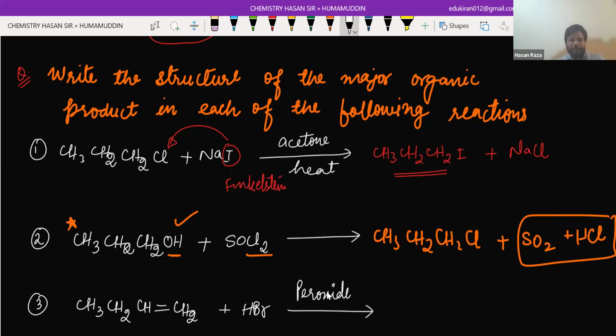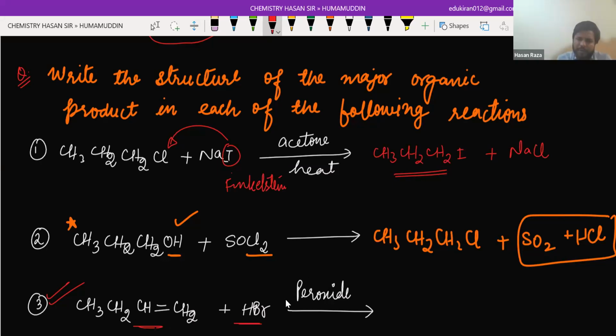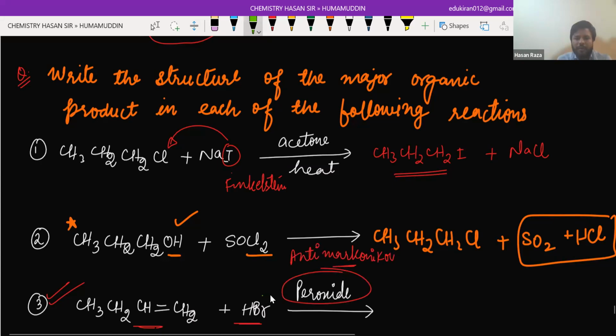Are you done with this? Very good, Austin. Any answer from you, Humam, for this one? No, sir. Okay, see, this is your alkene reacting with HBr in the presence of peroxide. That shows it is anti-Markovnikov. If peroxide is not there, then it is Markovnikov. Anti-Markovnikov says that negative will go to that carbon which has greater number of hydrogen, and the positive part to that carbon which has lesser number of hydrogen.